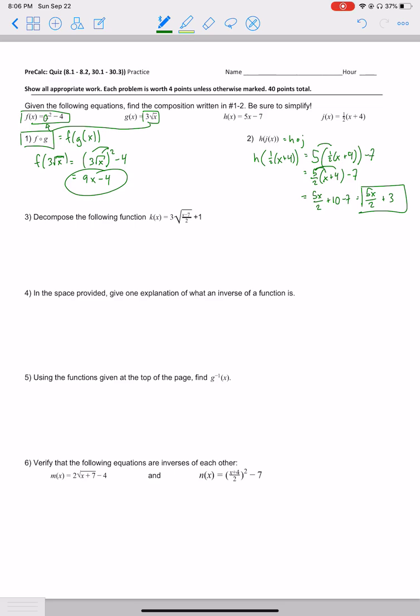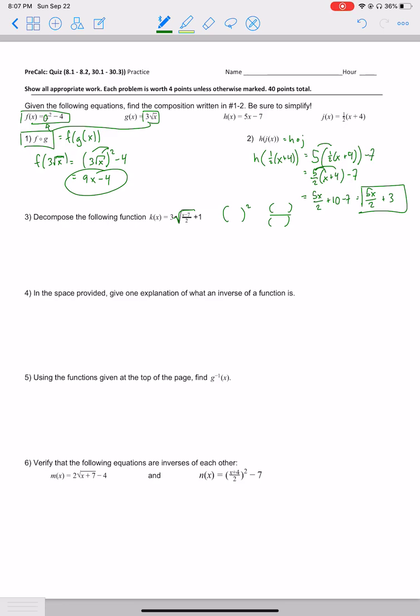Decomposition, or decomposing, is when we look at a function and try to see where there could be two obvious functions. Whenever you see a radical, or parentheses squared, or a rational function with something on the top versus the bottom, that is a candidate.